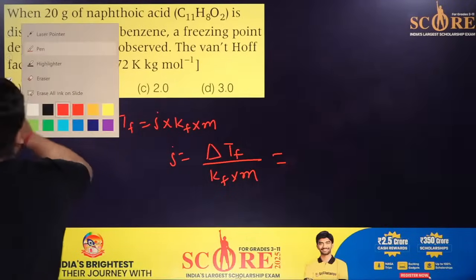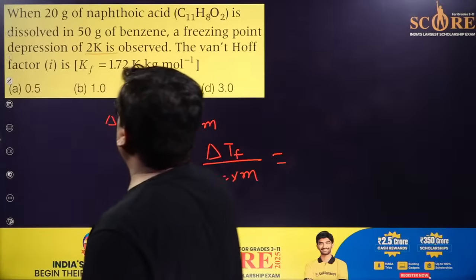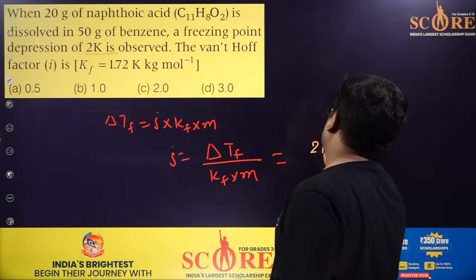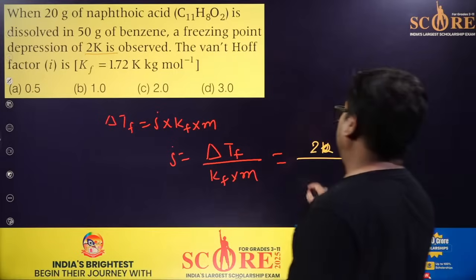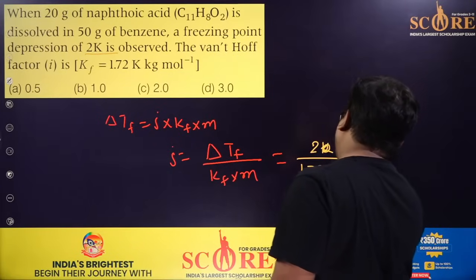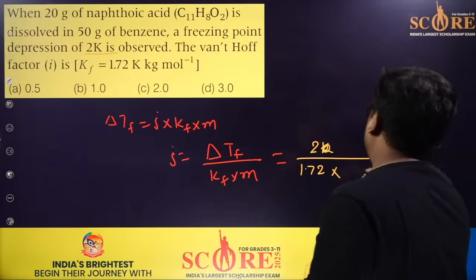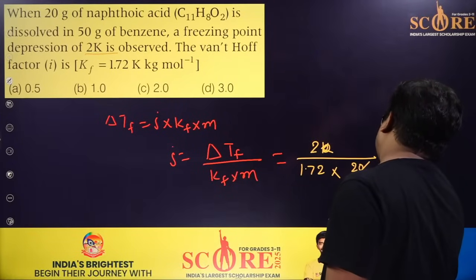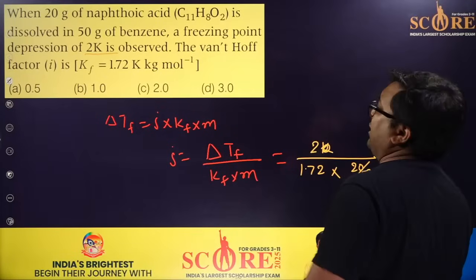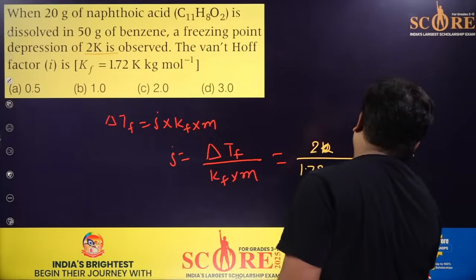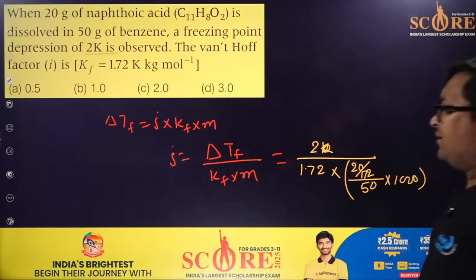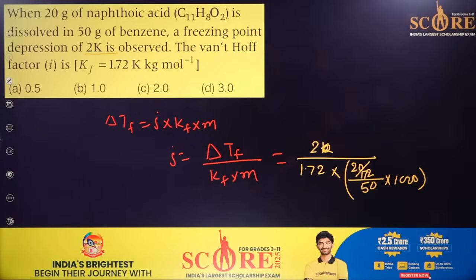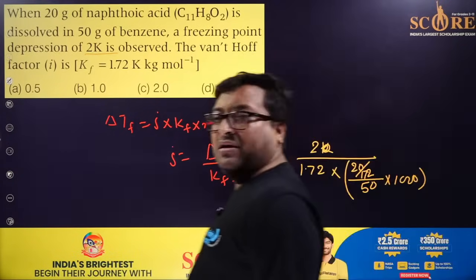So delta Tf is already 2 K observed, so 2 divided by Kf, which is given as 1.72, and molality is 20 gram with molar mass 172, divided by 50 gram into 1000. If you do this, you will get the answer.